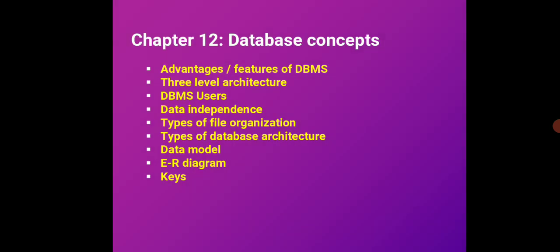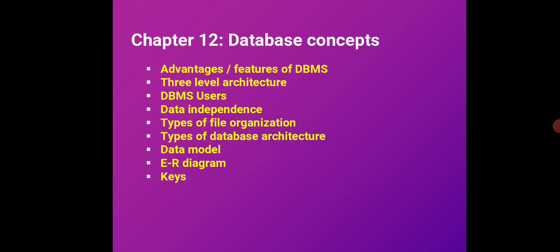And next are the advantages and features of DBMS. What are the advantages and features? Data integrity, sharing of data, data security, data independence, data abstraction. These are the advantages and features of DBMS. And the 3-level architecture, DBMS architecture: physical level, logical level and view level.